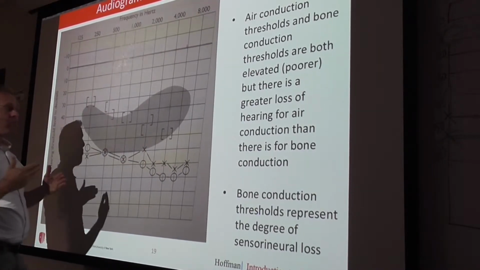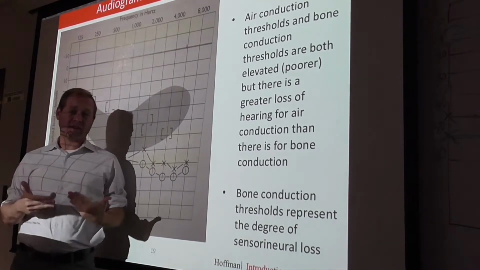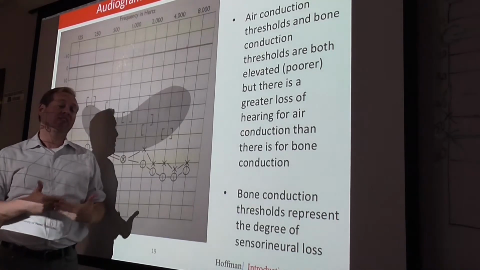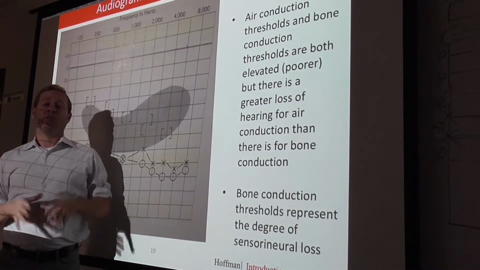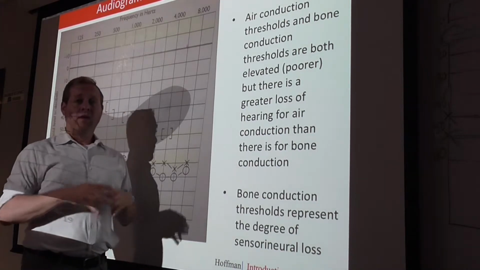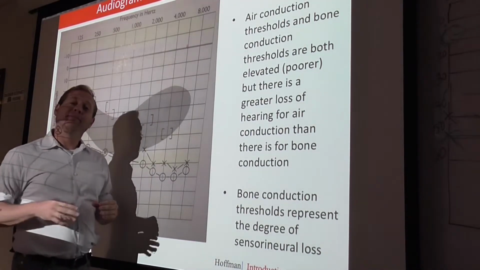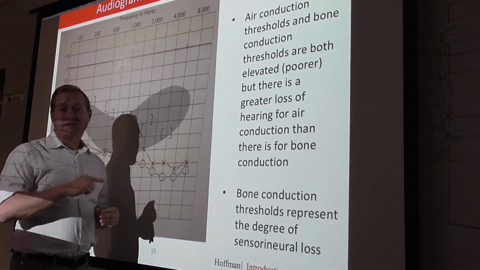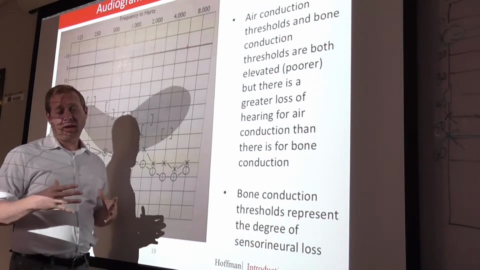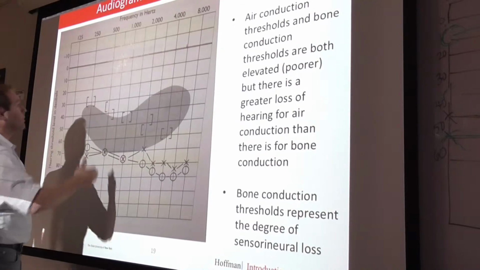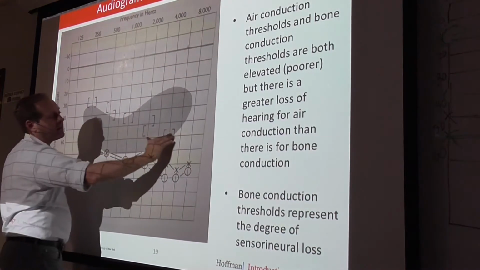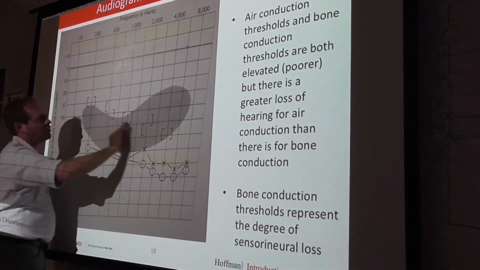Now, how much of the hearing loss is sensory neural? How much of the hearing loss is conductive in nature? So sensory neural typically being long-term, and conductive loss typically being only acute. Okay, well, the sensory neural loss is represented by the bone conduction line.